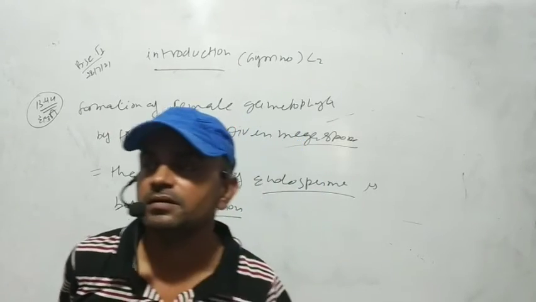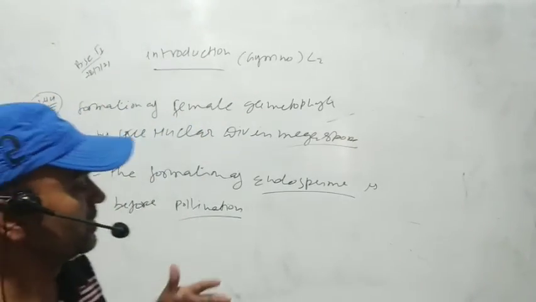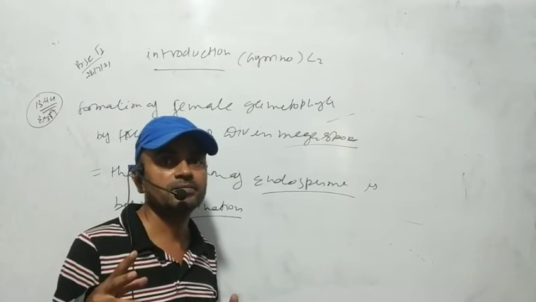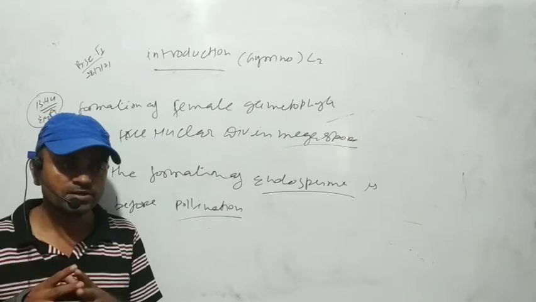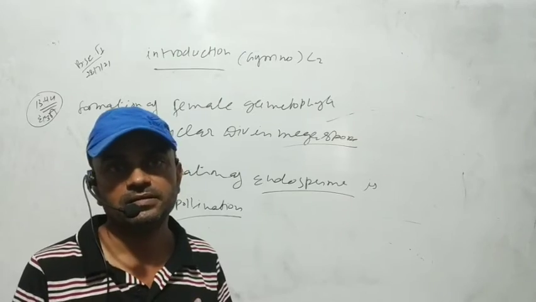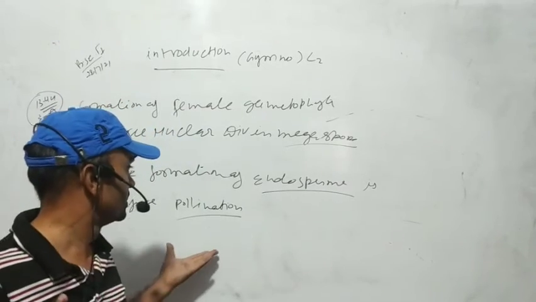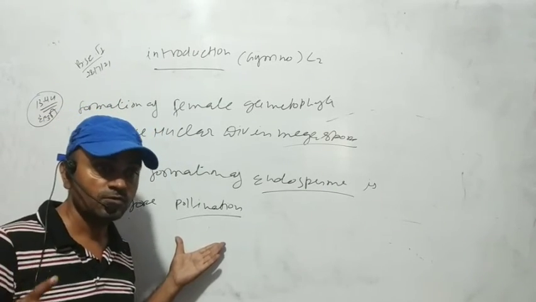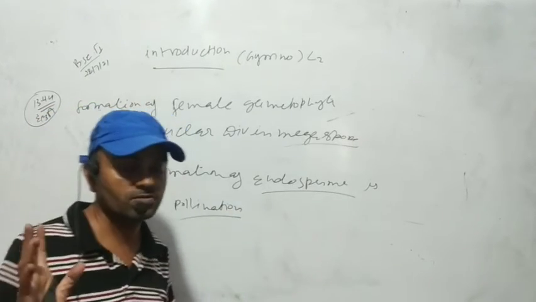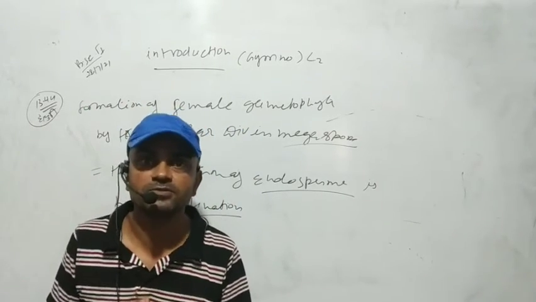In angiosperm, the endosperm is triploid, because after pollination the fusion of polar nuclei with the male gamete forms the endosperm. Here the formation of endosperm takes place before pollination, that is why the endosperm is haploid. So this is the main difference between gymnospermic and angiospermic endosperm.